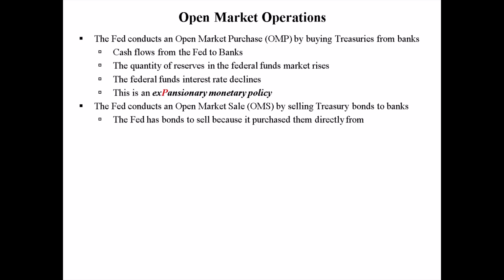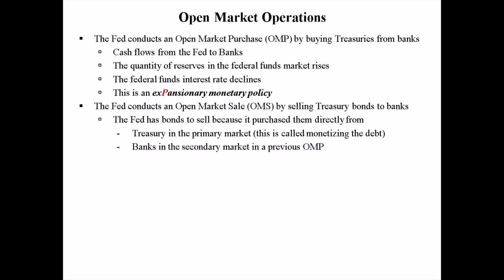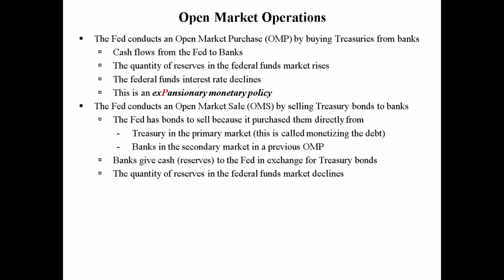The Fed has bonds to sell because it has purchased them directly from banks or from Treasury or from other banks in a previous open market purchase. Banks give cash reserves to the Fed in exchange for Treasury bonds. The quantity of reserves in the federal funds market declines, and the federal funds rate increases. And this is called restrictive monetary policy.